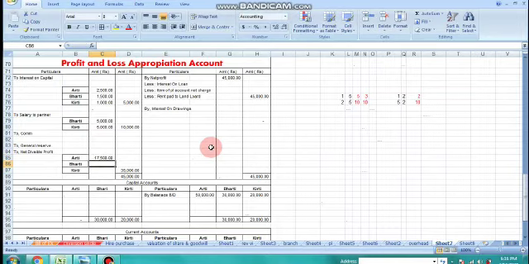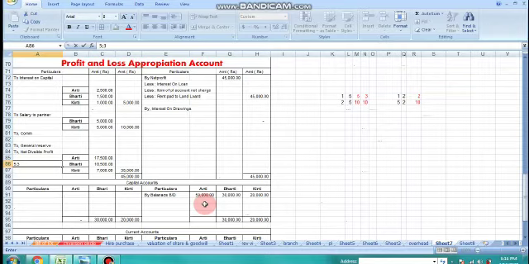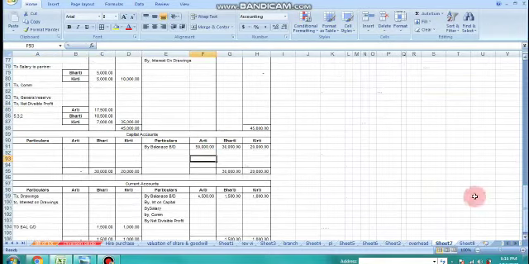Second will be 10,500, and this will be 7,000. If you add all these, it will become 35,000. So our profit and loss appropriation account is complete. The new ratio is 5:3:2. Now we have to transfer all these things.